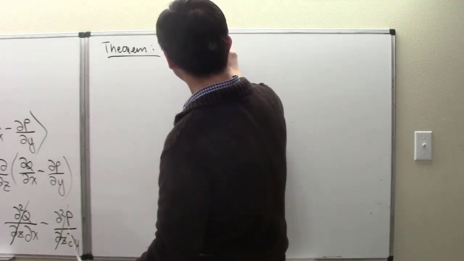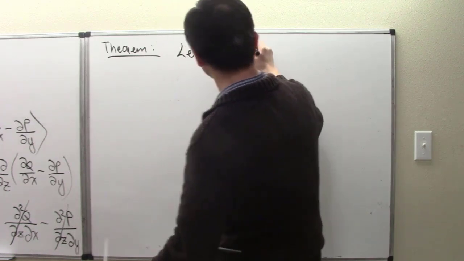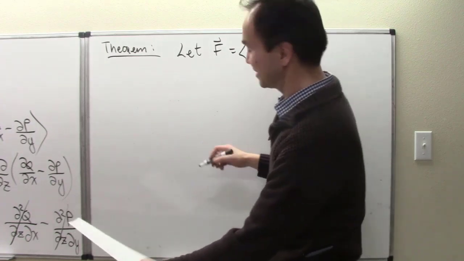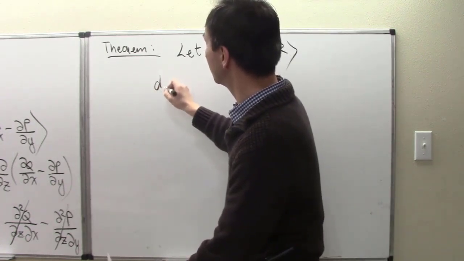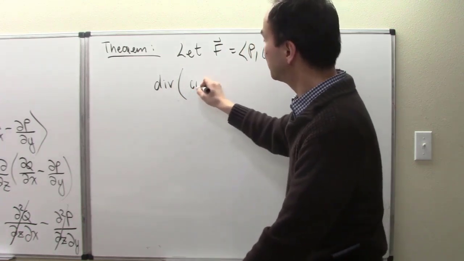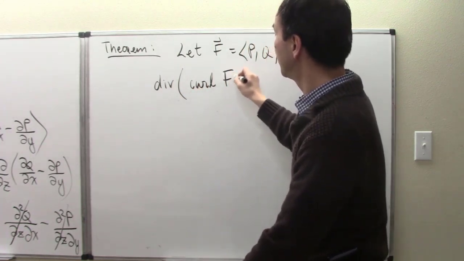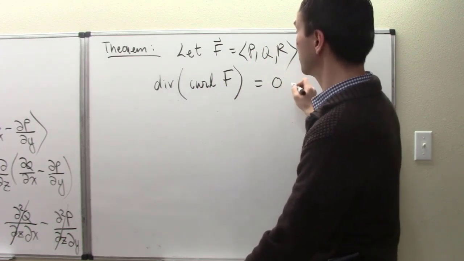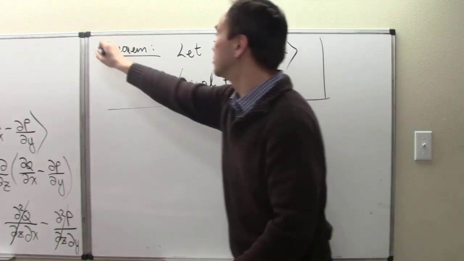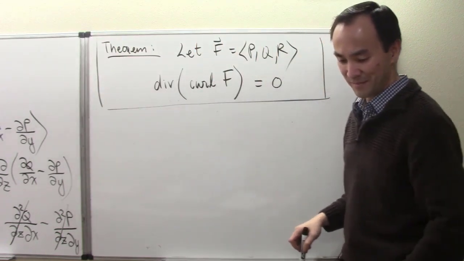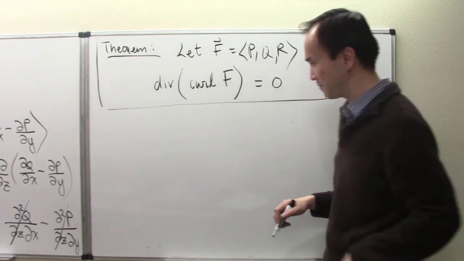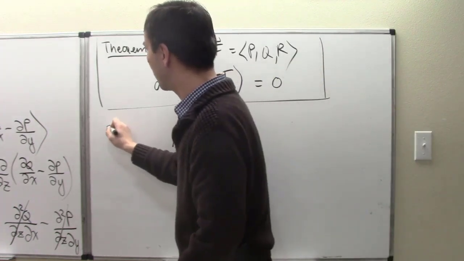Let F be a vector field with three components, P, Q, and R. Then the simple result that we have proven now: the divergence of the curl of F will always equal 0. And that's the theorem that we have just proven. And so in that way, let's look at one example, and here we can call it example 4.